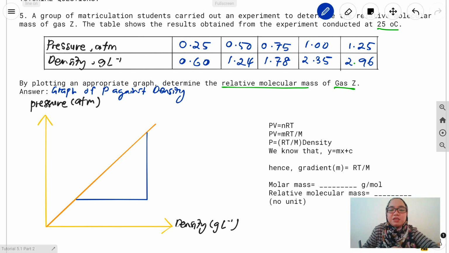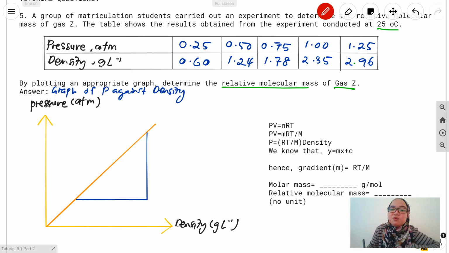Now you need to derive this equation. So you know that PV is equals to nRT, and you know that n is equals to mass over molar mass. Then you substitute that into this equation, you got PV is equals to mRT over molar mass.